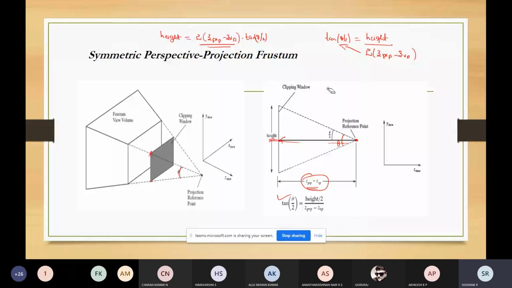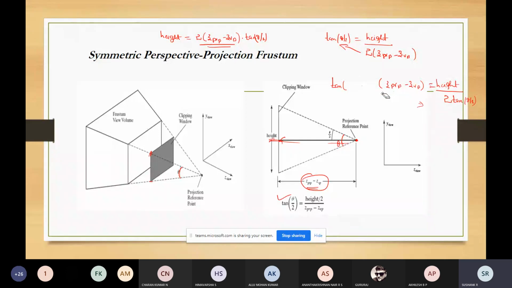Tan theta by 2 into 2 into ZPRP minus ZVP is equal to height. This is the first step. After this, I will shift it to the right hand side. So this height will become height by 2, and this will get eliminated. Again, I will move tan theta by 2 to the right hand side of the equal symbol, so this will become 2 into tan of theta by 2.